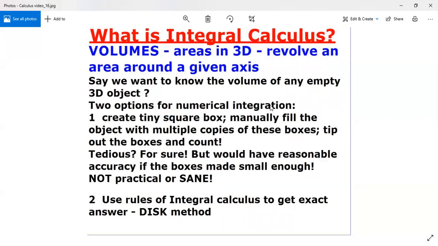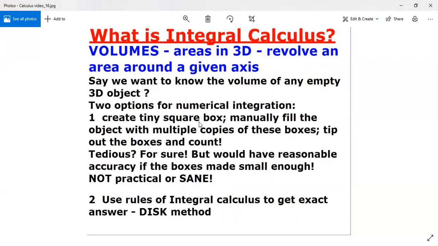Volumes. Again, this is areas in 3 dimensions. So we take the formula we're given in 2 dimensions and revolve it round either the x or the y axis to give us a particular volume. We've got 2 options again.